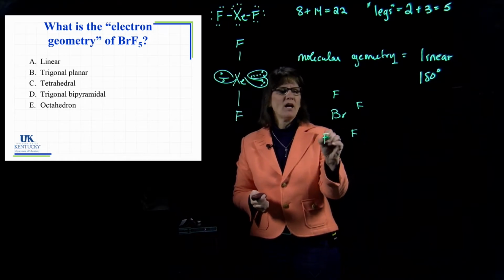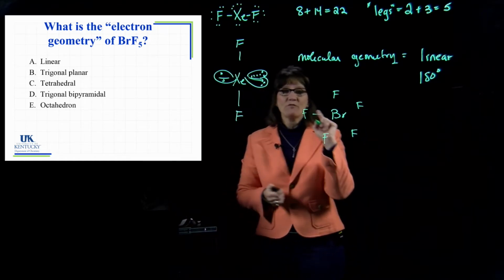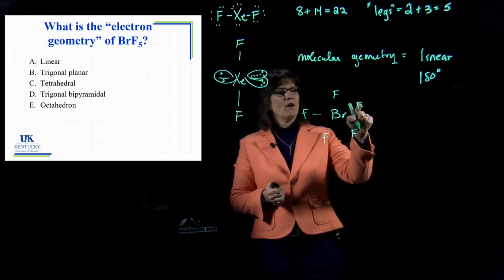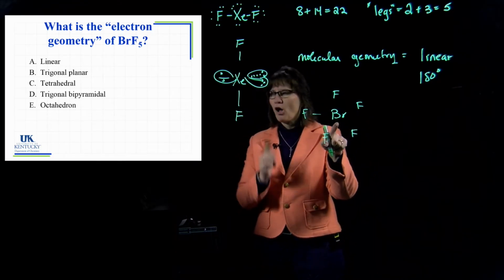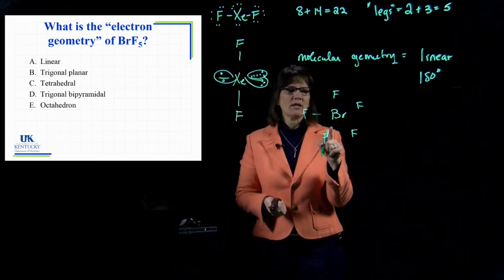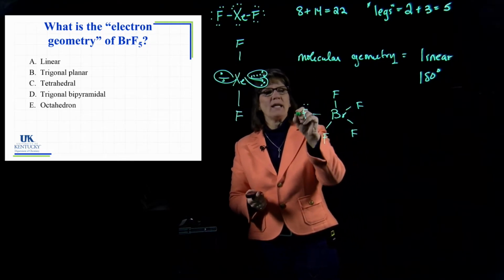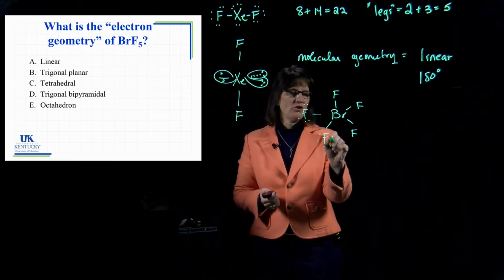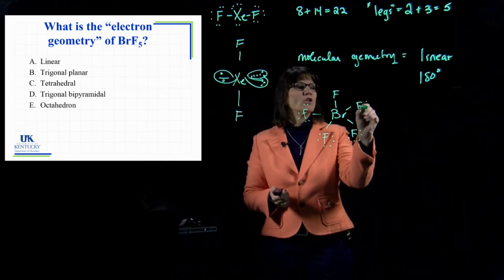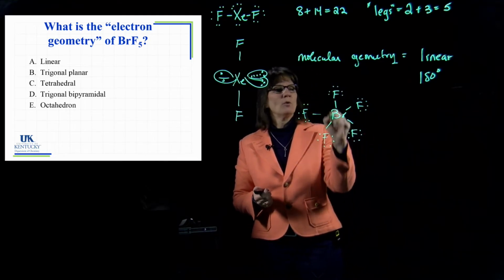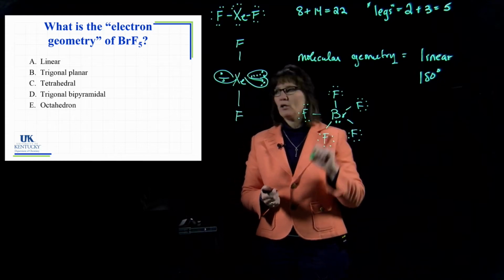If you count up the number of valence electrons, we have 5 fluorines and a bromine. All of those have 7 valence electrons, so 7 times 6 is 42. When you give everybody its octet, as you would want to do, you will find that you have an extra set that you need to put on the bromine.